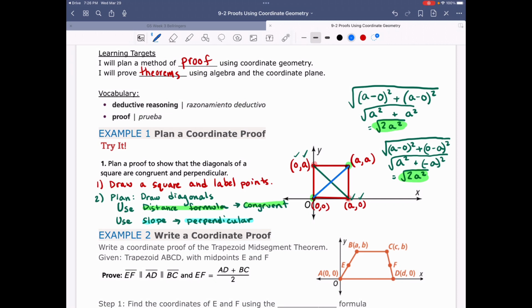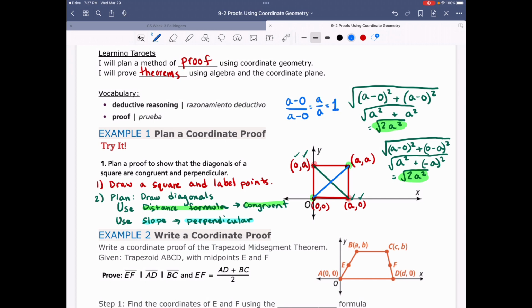Well, the slope formula is the change in y over the change in x. So we have a is our y and 0 is our other y, and then a is our x and 0 is our other x. So that becomes a over a, and that equals 1.